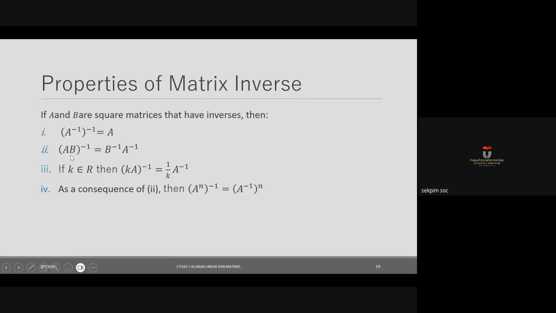So if you have K, a non-zero constant of real number, then KA inverse will be equal to 1 over K times A inverse. And it implies that if you have A power n inverse, it will be A inverse power n.